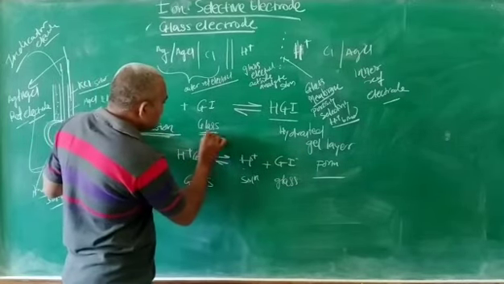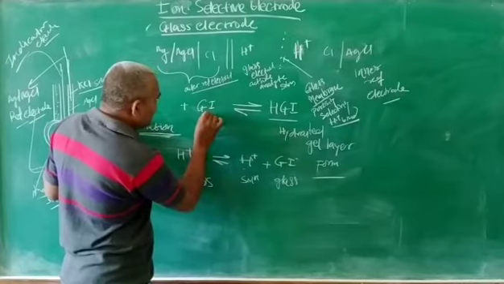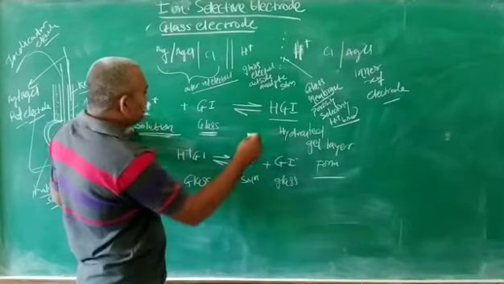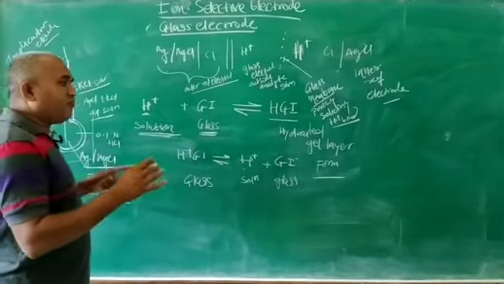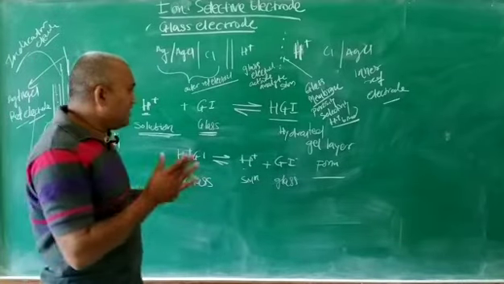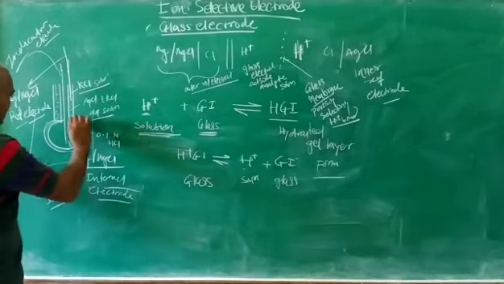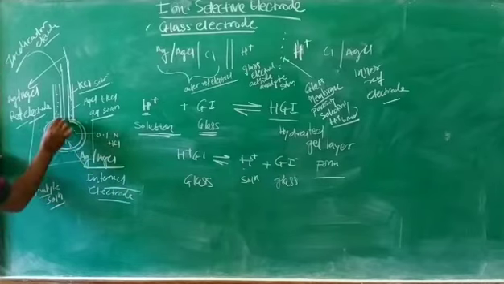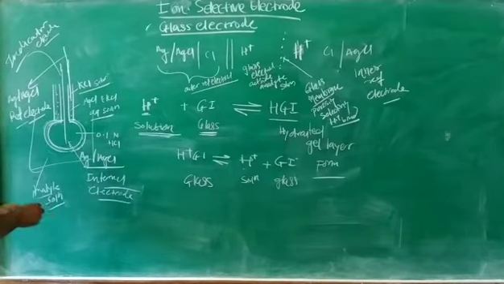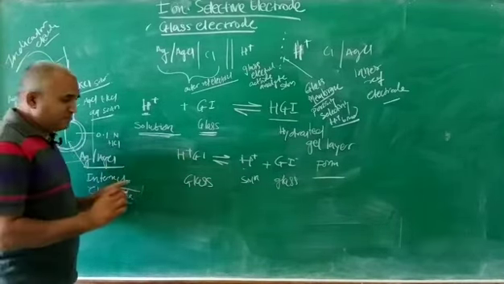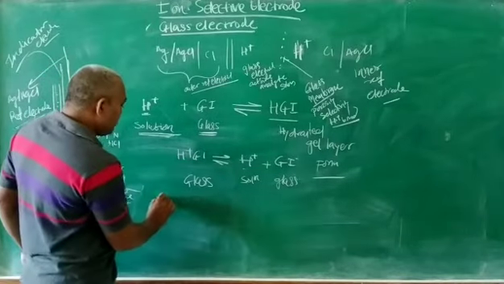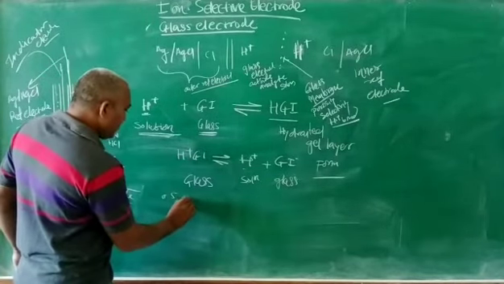It is the glass membrane, the composition of the glass membrane. So in the bulb there is a formation of hydrated gel layer. The original thickness of the bulb is only 0.5 mm.